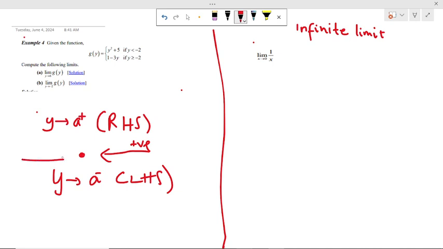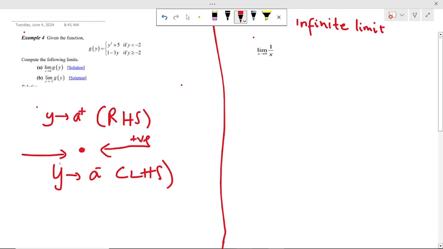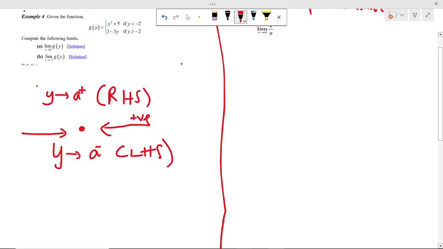What do we mean by that? I've already explained that in the previous video, but I will explain it here as well because students didn't really get it. Now let's say you are asked to find the limit of g of y as y approaches, let's say, 2.